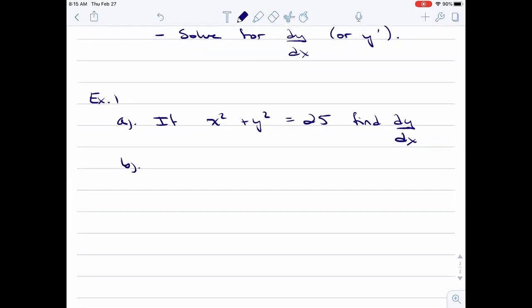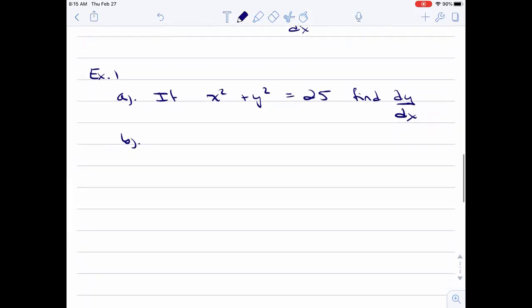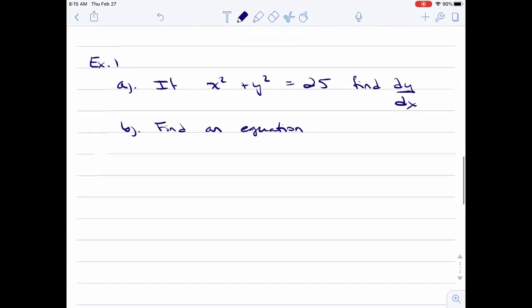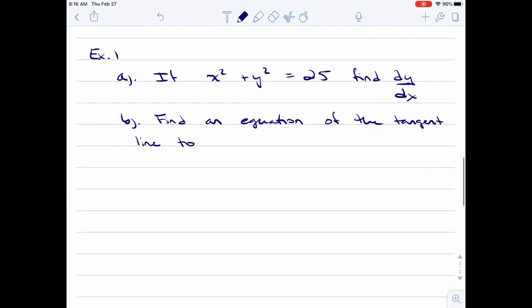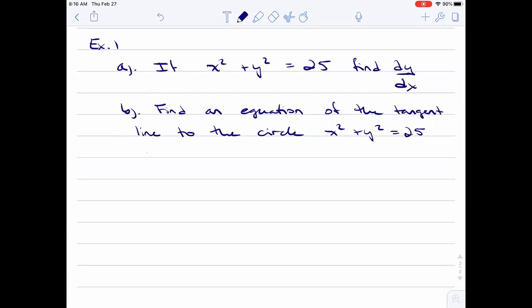And so then what we're often going to be doing is find an equation of the tangent line to the circle x squared plus y squared equals 25 at the point 3, 4.